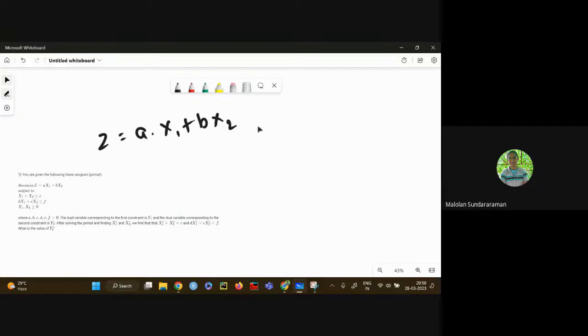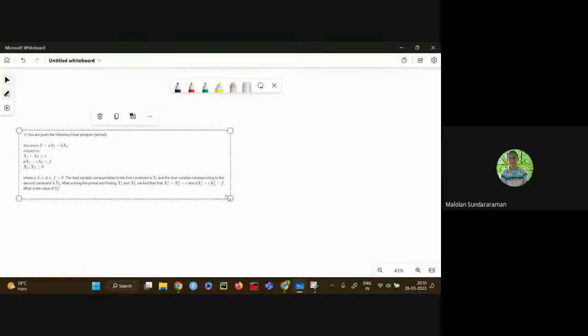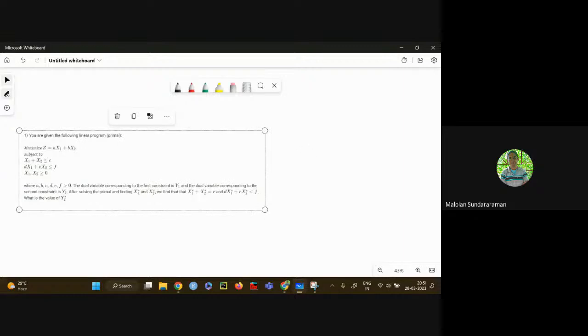Okay. So this is your primal problem. And here, how to convert it to a dual? We just have to do the opposite of everything that is there in the primal. In a nutshell, that is a trick for your exams. So if it's a maximization, it will become a minimization.